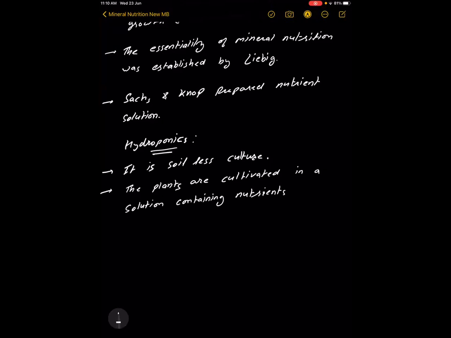So nutrients are available in that solution, and here the roots are dipped in the solution so that they can absorb the material present in the solution, not soil. So they can grow properly. It is called hydroponics.